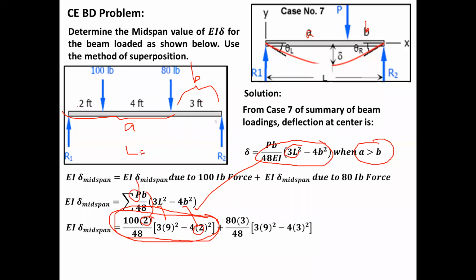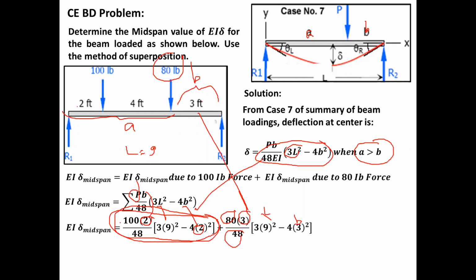Hindi naman mabago yan eh. Okay? And since nasa 80 pounds tayo, that's why we have P as 80 and B is equal to 3 and over 48 pa rin naman yan. L square is 9. So 3, 9 square minus 4. Ito yung B, ito yung L.